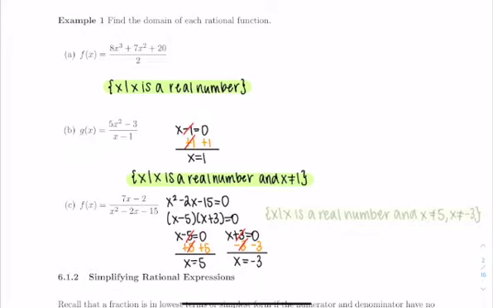So we have two values this time. So the set of x such that x is a real number and x is not equal to 5 and x is not equal to negative 3.